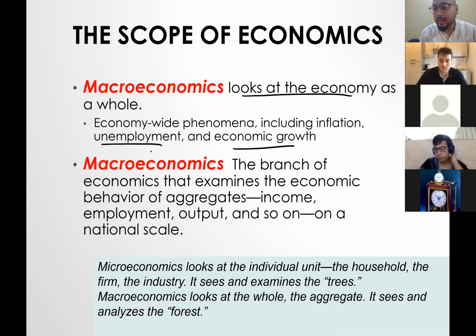It sees and examines the trees, just a metaphor. Macroeconomics looks at it as a whole, which means it sees and analyzes the forest. So you can see the scale there. Let's dive deep into the introduction of today's chapter.